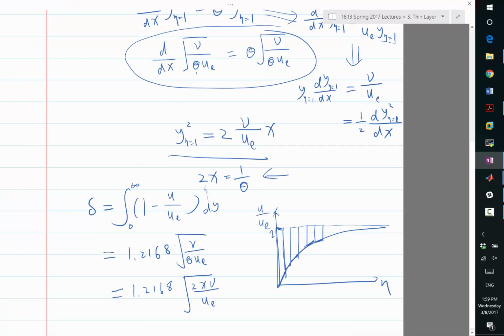If you use the Reynolds number based on the chord length, you take the square root of 2 multiplied by the 1.2, and what is left is the square root of x nu divided by ue, which is the Reynolds number based on the distance to the leading edge, right?